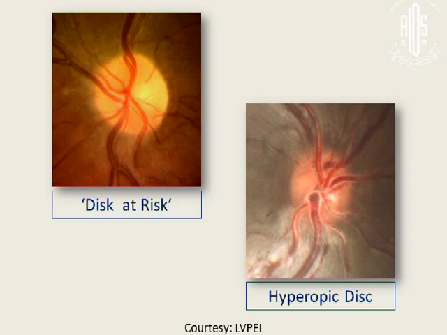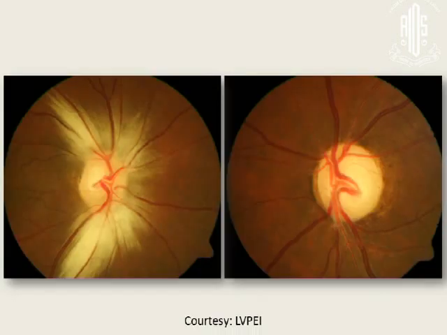Similar features are seen in hyperopic disc. This patient has myelinated nerve fibers and again can be mistaken for a true disc edema, that is not. In addition to that, interestingly, this was a young patient and also had temporal pallor of the optic disc. Actually, this patient had primary optic atrophy.